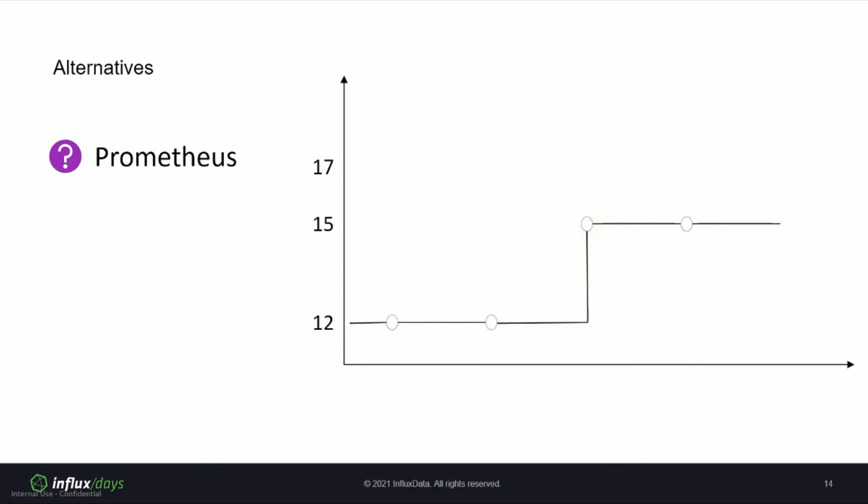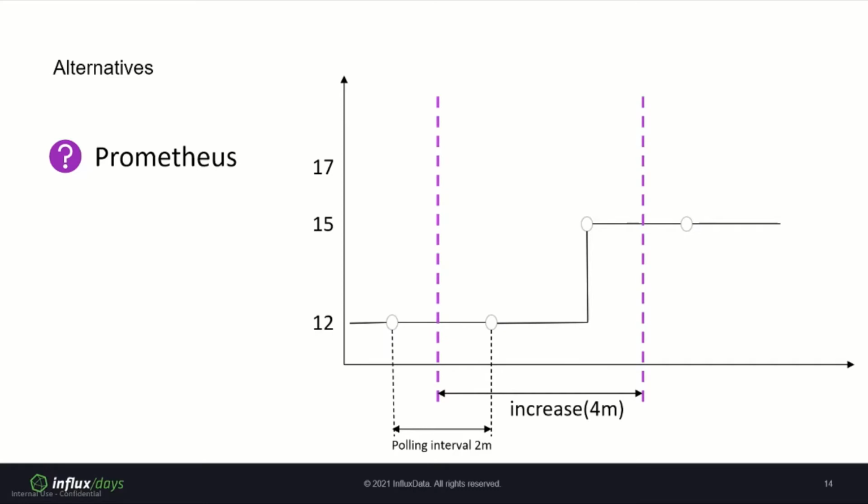When Prometheus has data points with a rare interval, say we have a polling interval defined to be 2 minutes, and want to calculate the increase of a value for the last 4 minutes, Prometheus will extrapolate the 2 data points to calculate the increase for 4 minutes. The result will be inaccurate.